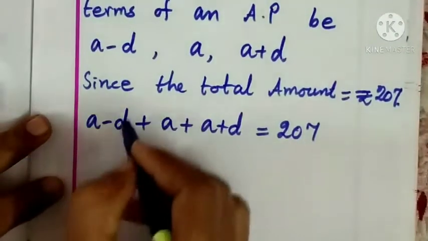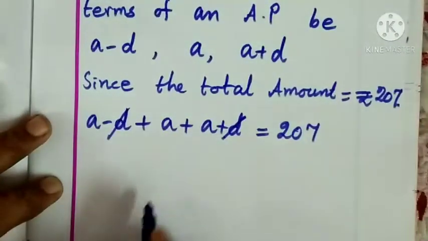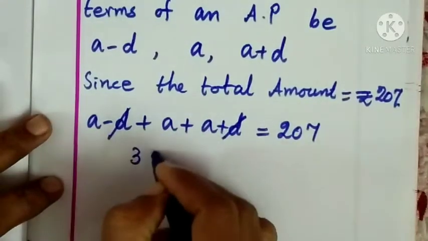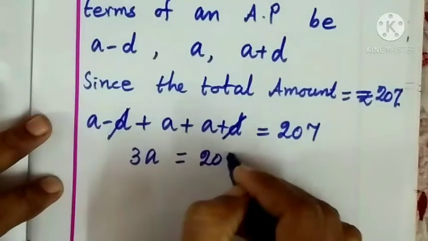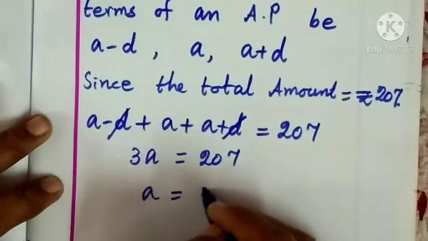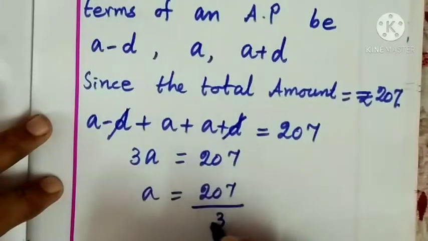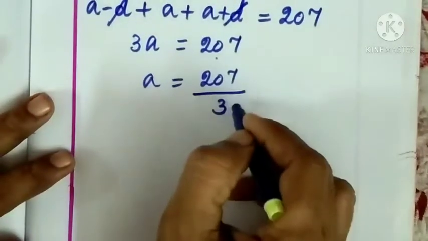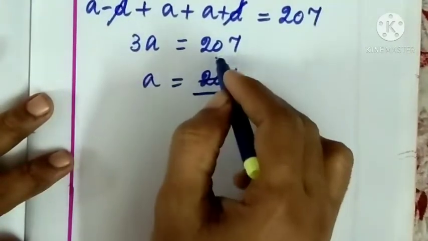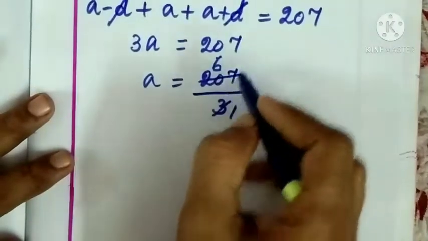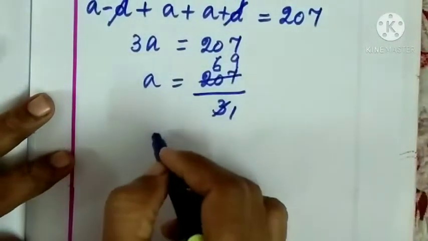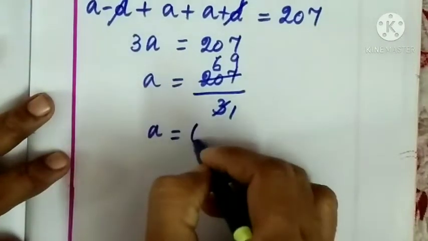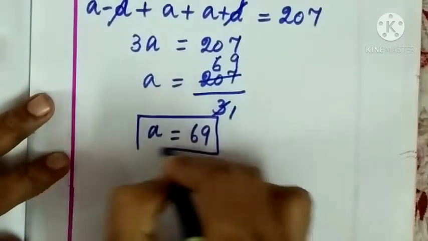Then here minus D and plus D cancel. Then A three times, adding this we get 3A is equal to 207. Therefore, A is equal to 207 by 3. Cancelling by 3 table, we get 69. Therefore, the value of A is equal to 69.